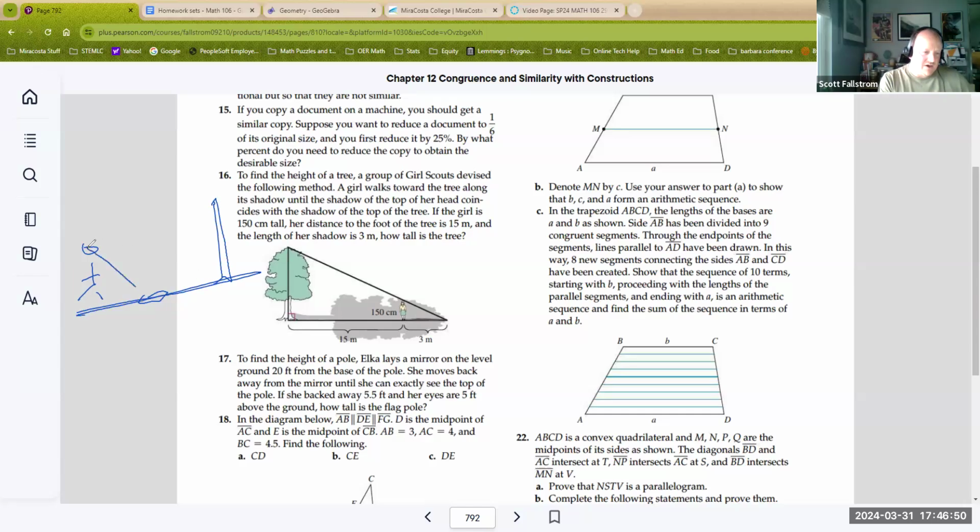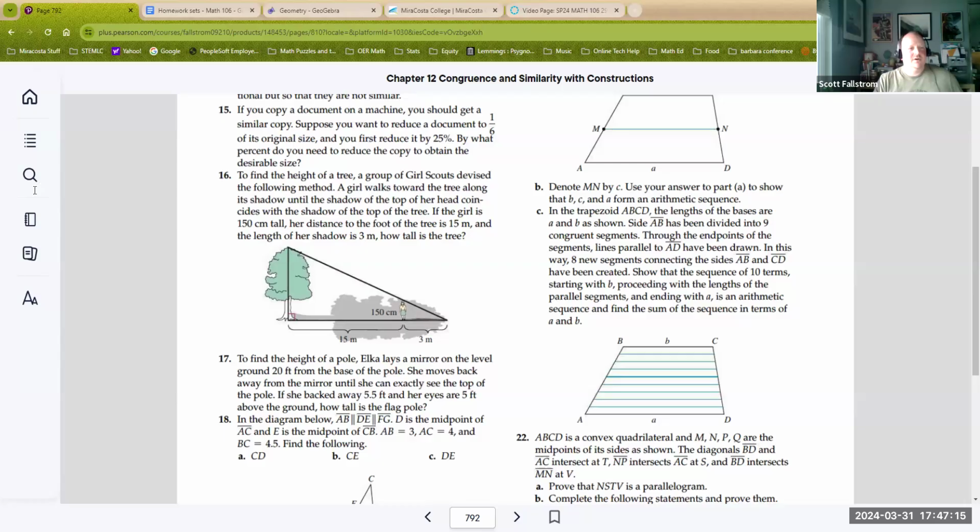So when you look down, she can bounce off the mirror and see exactly to the top of the pole. Well, the angle of incidence is equal to the angle of reflection on a mirror. And so we get the fact that you're standing up 90 degrees, 90 degrees. If you know some distances here, you'd be able to find the height of the pole.